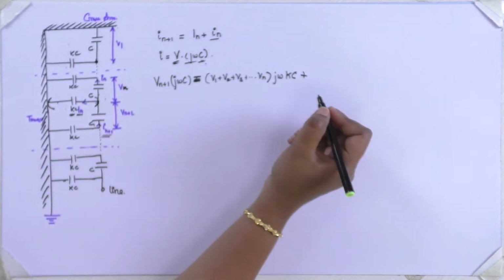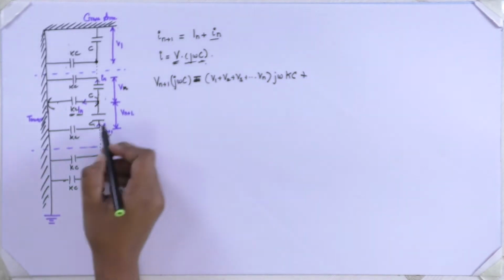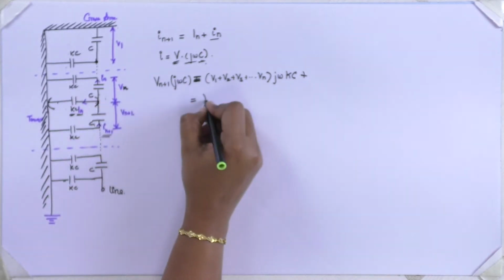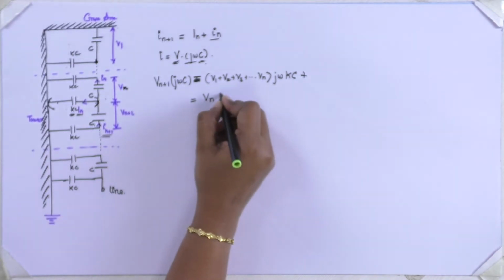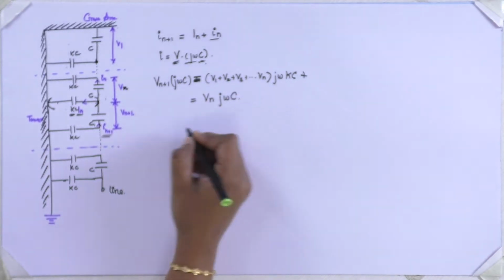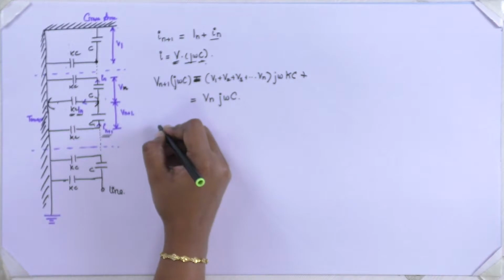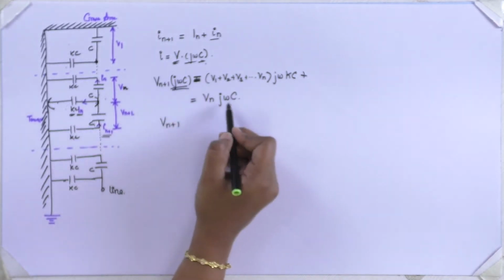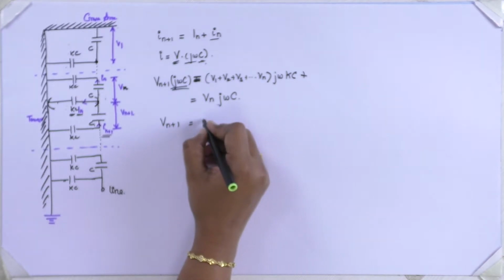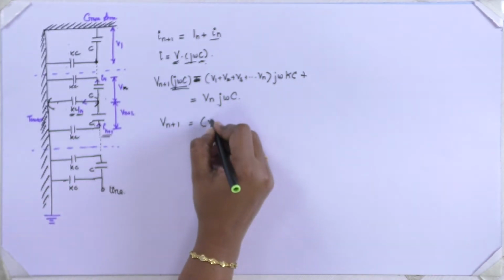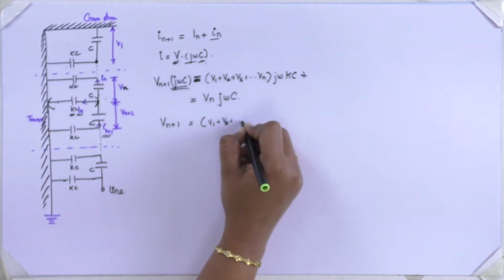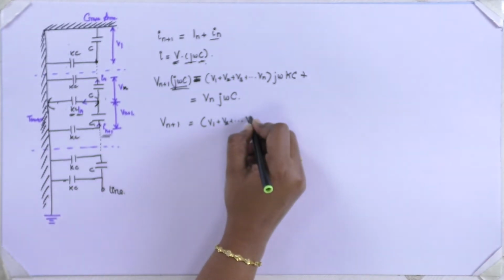Then the next one is small in. The small in is here. So small in, the voltage is Vn into j omega, the capacitance is C. Simplifying this, I am taking j omega C as common. So this will be V1 plus V2 etc. to Vn minus 1.